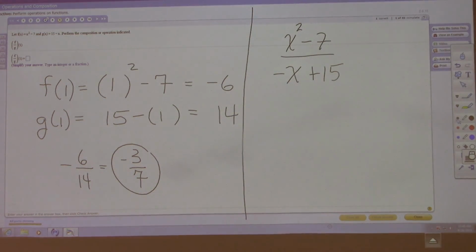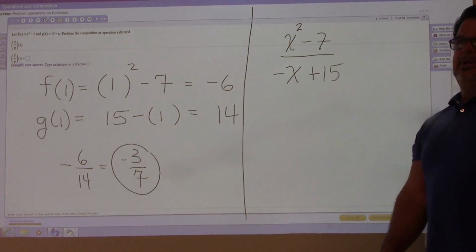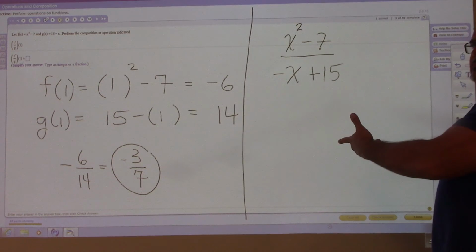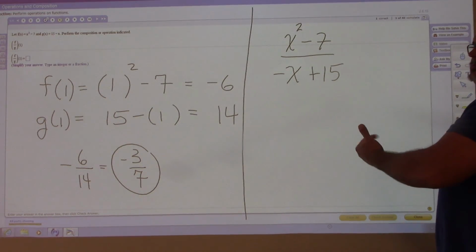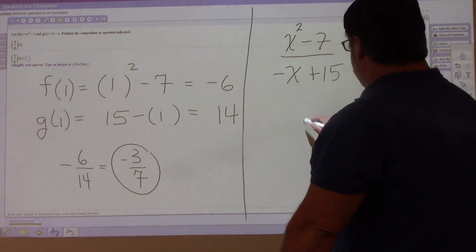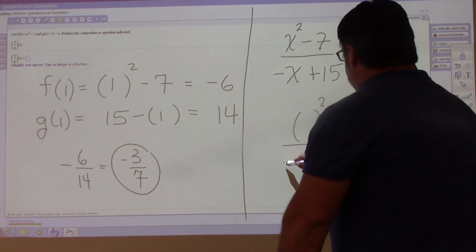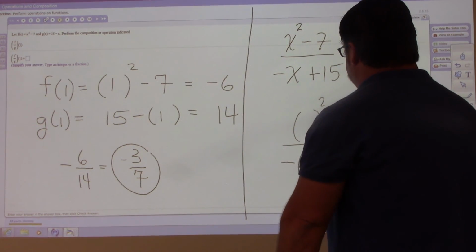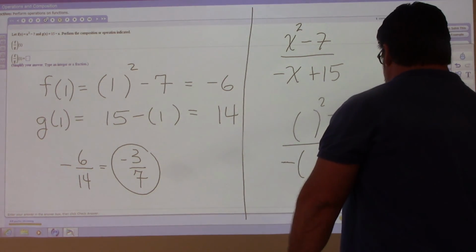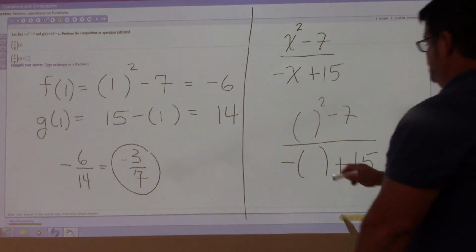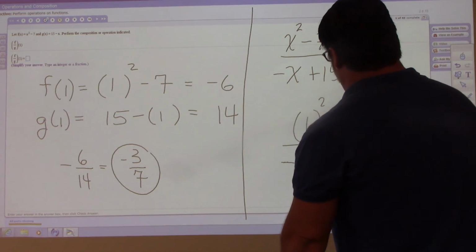Because you can't divide anything there, so the only thing you can do is plug in, and you're going to get the same thing. Sometimes you might be able to get something to cancel or not. So 1 squared minus 7 over negative 1 plus 15. And that's going to give us a 1 here and a 1 here.